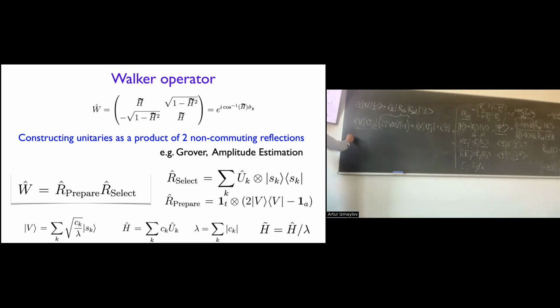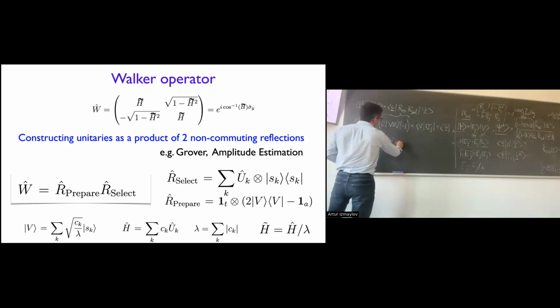Therefore, for this expectation value, we have simply psi, R select R, psi. Now we need to show that this is just Ej. How do we do that? I'll just do the algebra.